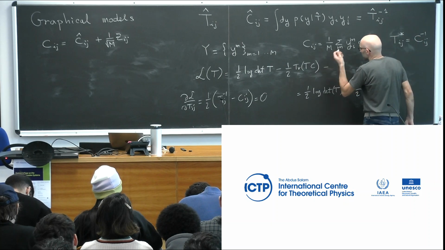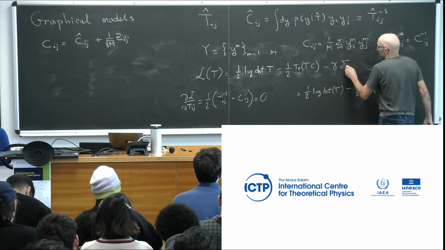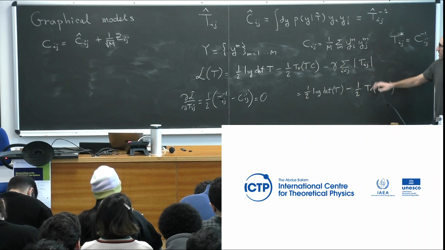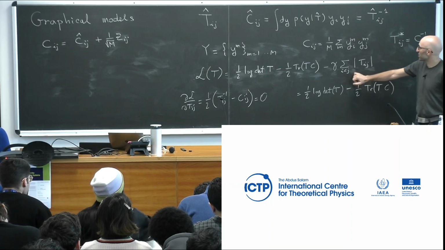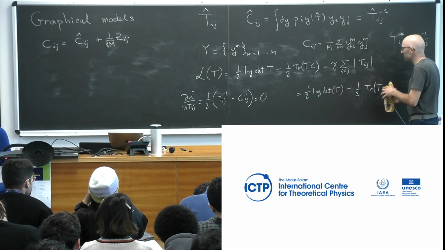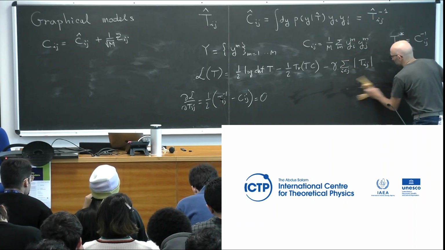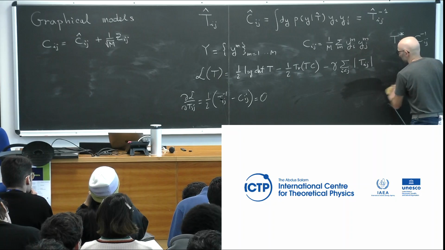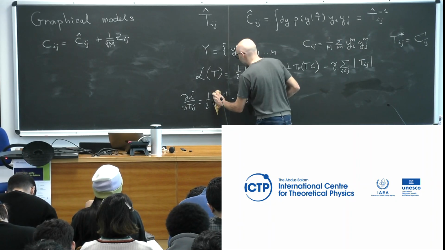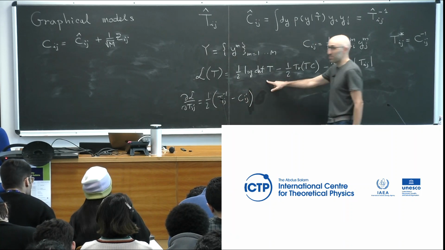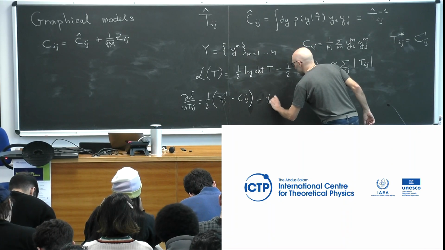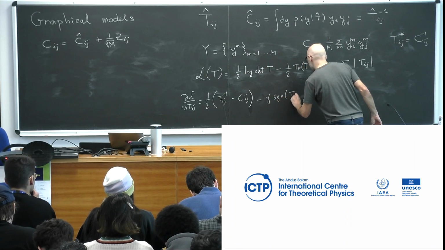How do you put this penalty? As we did last week, you can put an L1 norm. So you add a constant gamma times the sum of the absolute values of T_ij. Why L1? L1 is usually a good choice because when you take the derivative, you get the same as before, and then this term gives you minus gamma times the sign of T_ij.